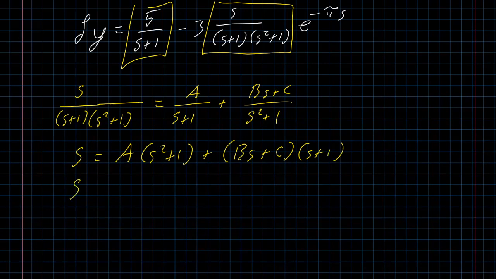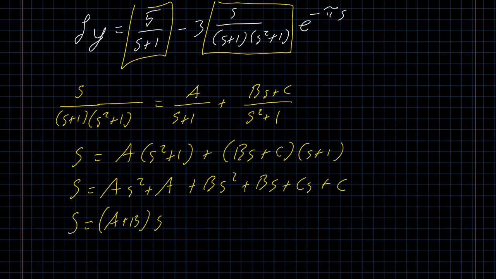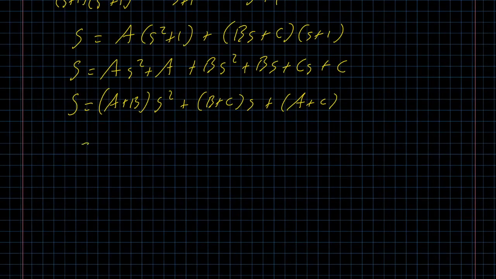And if we expand all this out and group things together, we get the system of equations 0 equals a plus b, 1 equals b plus c, and 0 equals a plus c.